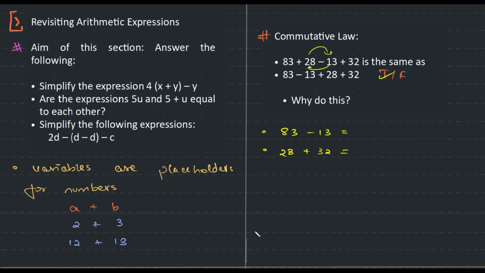I hope you remember the commutative law. Commutative, commute means what? Commute is about movement. So I can move the terms as such. And remember, minus 13 is not the same as 13, so we have to shift the sign of the number as well.